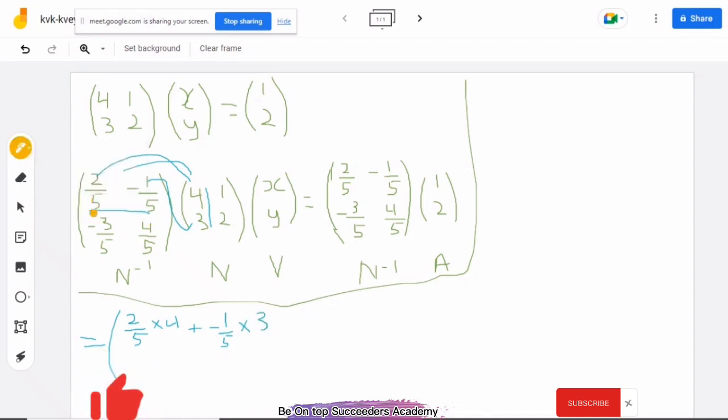As you see, I'm changing colors anytime I'm changing what I'm going to multiply. So the first row of the first matrix now is going to be multiplied by the second column of the second matrix. So it's going to be 2/5 by 1 plus -1/5 by 2.